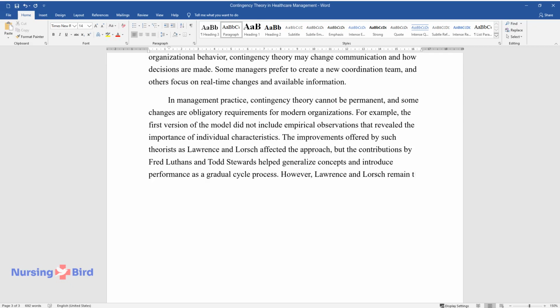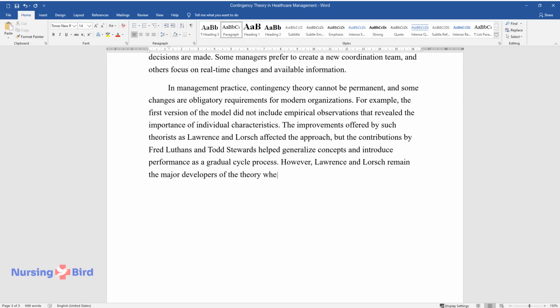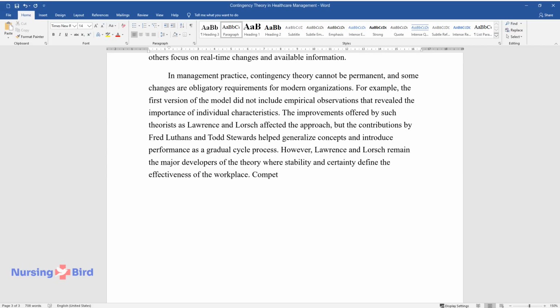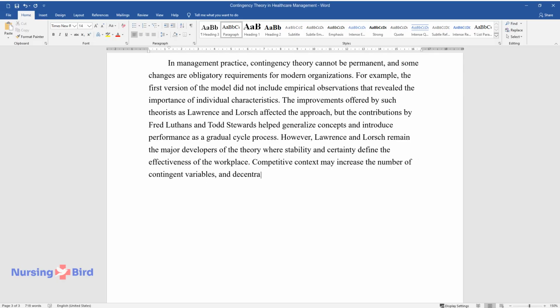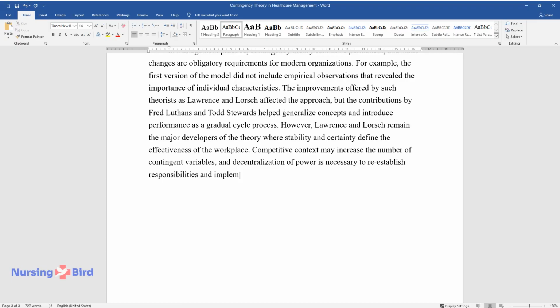However, Lawrence and Lorsch remain the major developers of the theory where stability and certainty define the effectiveness of the workplace. Competitive context may increase the number of contingent variables, and decentralization of power is necessary to re-establish responsibilities and implement new ideas.